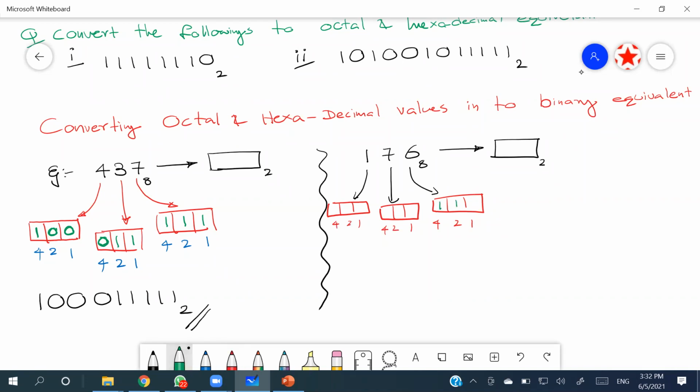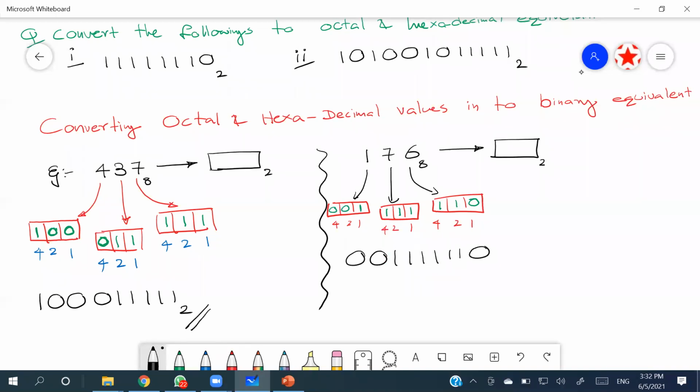6, we need 4, we need 2, we don't need 1. 7, we need 4, we need 2, we need 1. To represent 1, we don't need 4, we don't need 2, we only need 1. So you can write the answer 0, 0, 1, that is for 1, 1, 1, 1, that is for 7, 1, 1, 0.